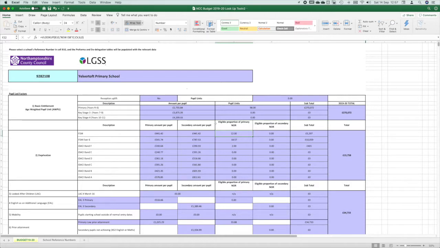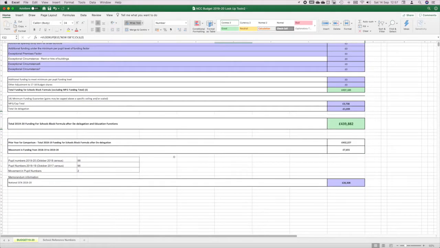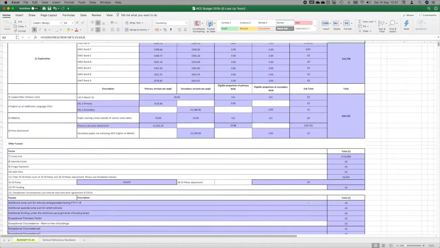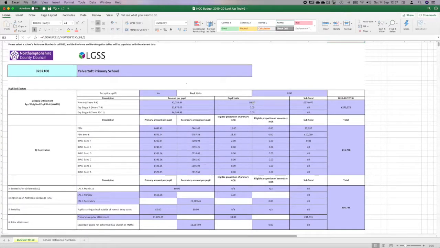Now, Northamptonshire, so helpful. What they've done is, if I scroll further down the page, they have calculated that Yelvertoft is going to get £26,308. And I'm just going to scribble that down on a piece of paper, and I will show you how they came to that figure in a moment. So if we remember, we had 98 pupils, and it was a total of 270,072.